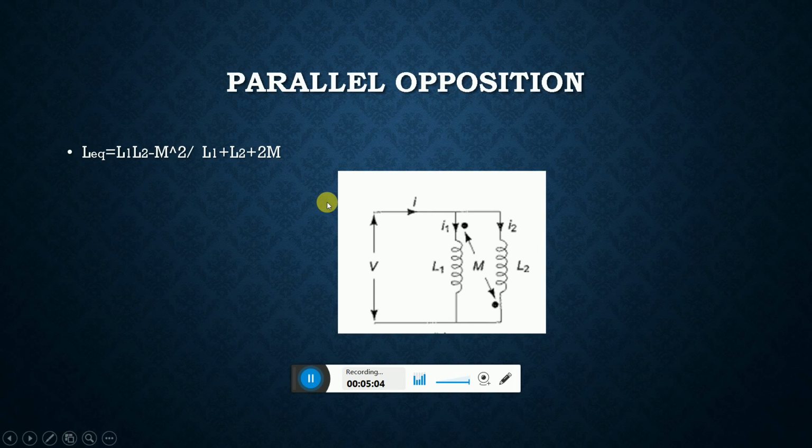Parallel opposition is when two inductors are connected in parallel, and in one the current enters the dot while in the other inductor the current leaves. This is called parallel opposition. The equivalent inductance is (L1 L2 minus M square) divided by (L1 plus L2 plus 2M).